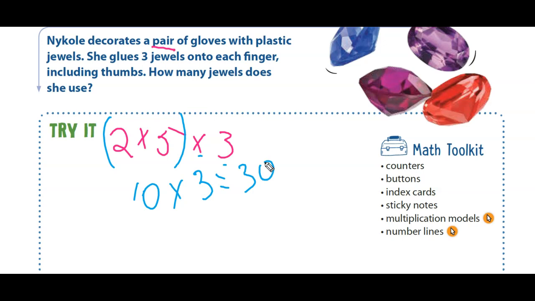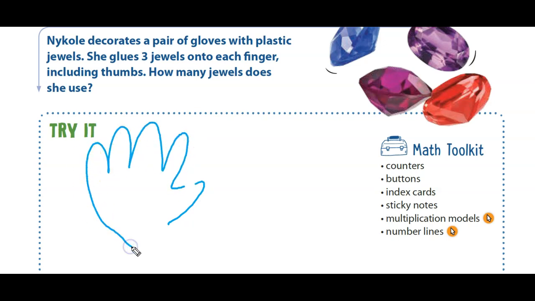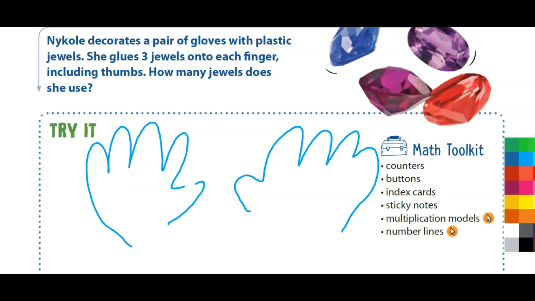Let's draw a hand. Hold on, let me move this up. Let's go ahead and delete that. I'm going to draw a hand. There's my hand. There's my other hand. And that's 10 fingers right there, right?